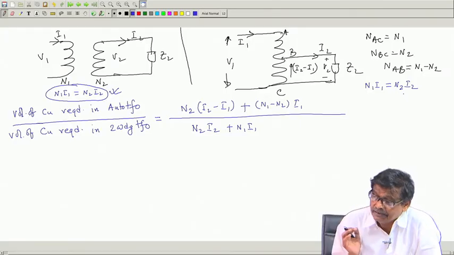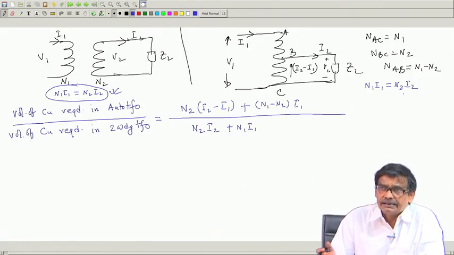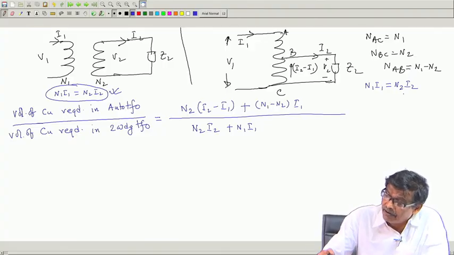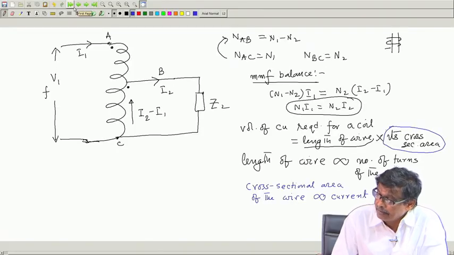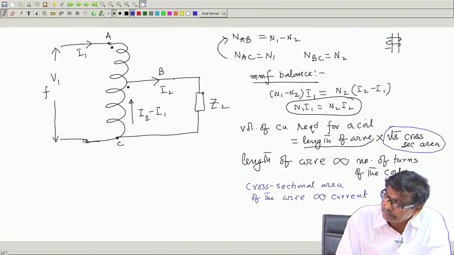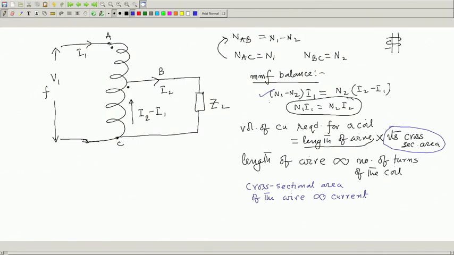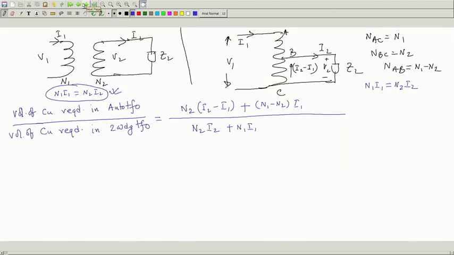Although I should not say that N1 I1 is the MMF like that, as I do not know which portion, I found out very meticulously this relationship from N1 minus N2 into I1 is equal to N2 into I2 minus I1. From that also something was obtained. Therefore, it looks like N1 I1 is equal to N2 I2 is also true.